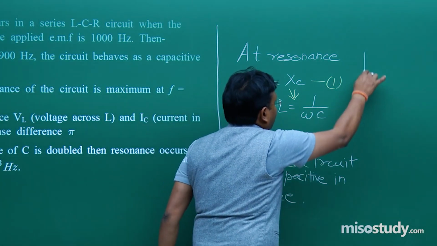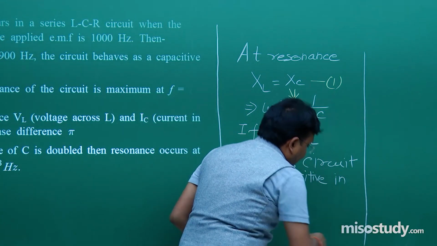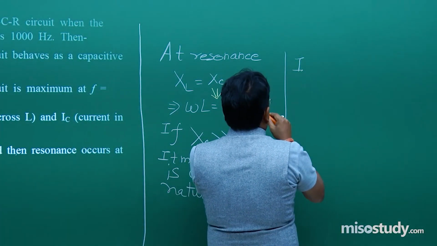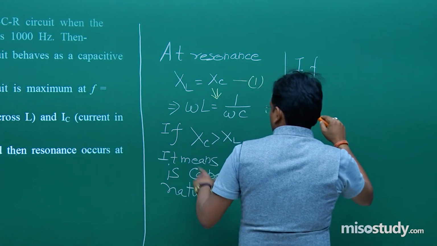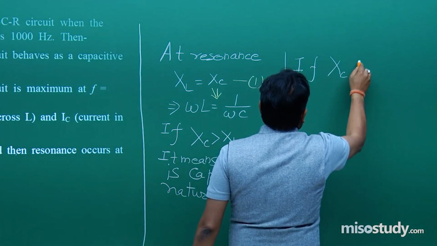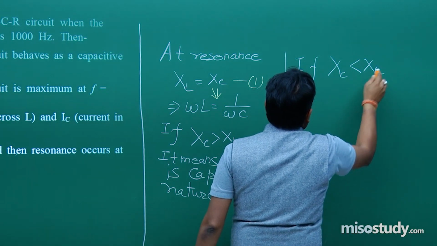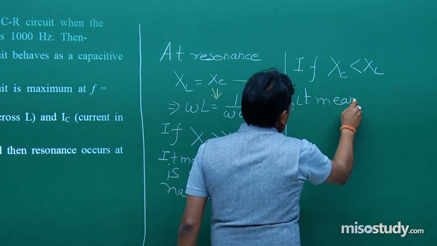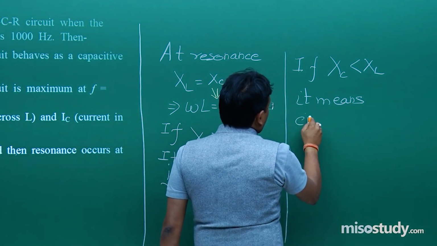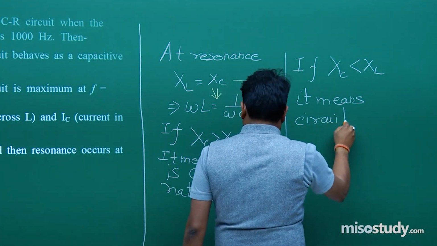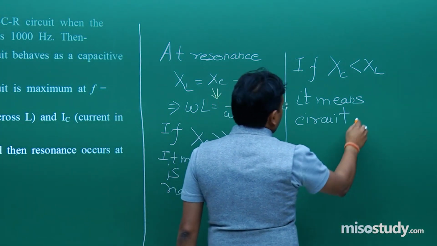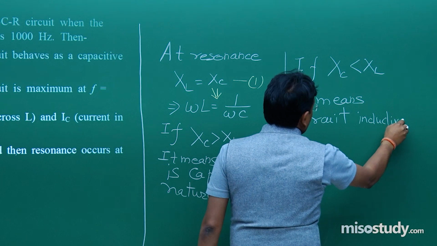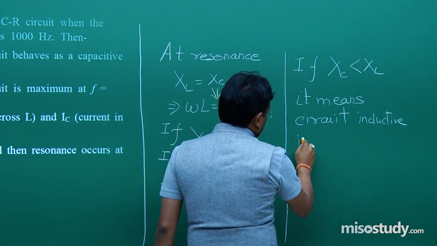Fine. Second situation is, if XC is less than XL, it means circuit is inductive in nature.